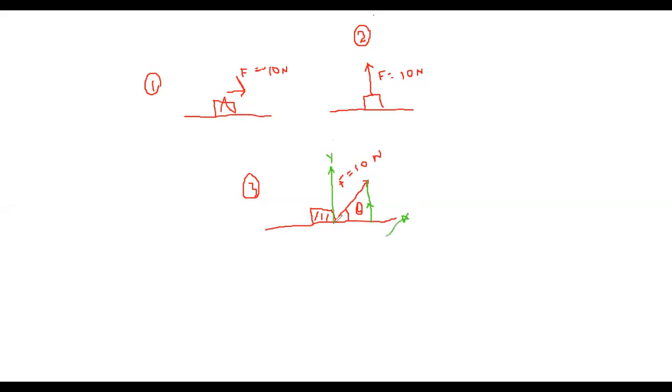The point where this force is acting is point O, and this is the vector A, and from A a perpendicular is drawn on the x-axis, at point B. You can see clearly in this diagram that OA is the resultant force, which was 10 Newton, and OB is the component of the force parallel to the x-axis. This is Fx, the component of F on the x-axis, and this is the component of F along the y-axis, so the suitable name is Fy.